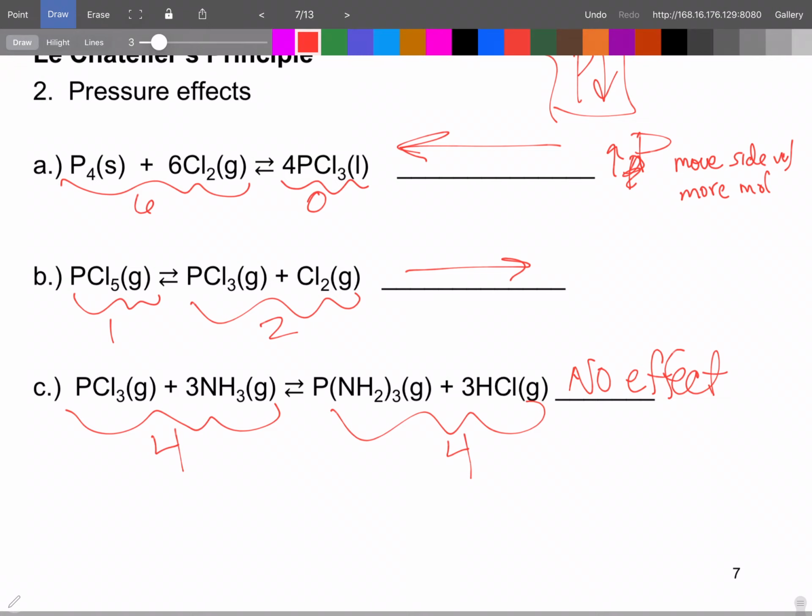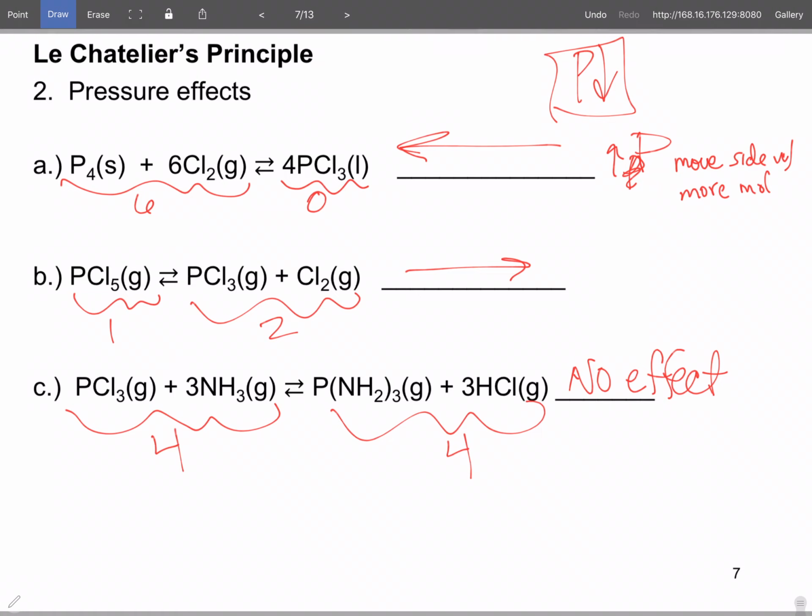Okay, now I'm going to switch colors because we're going to change on this one. So we said by decreasing the pressure. Let's say that we're going to decrease the volume. If we decrease the volume, the net effect is that we increase the pressure. So in this particular case, we would shift to the side with fewer moles.